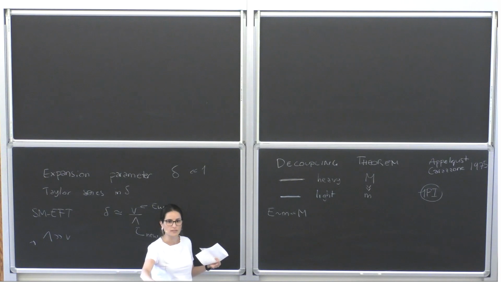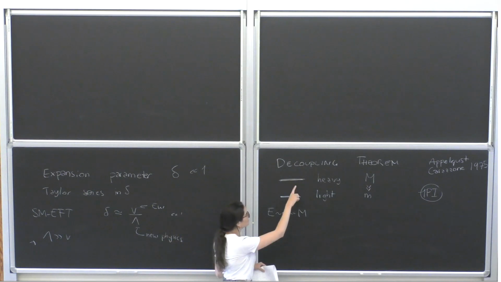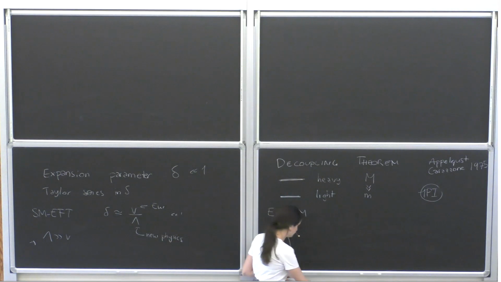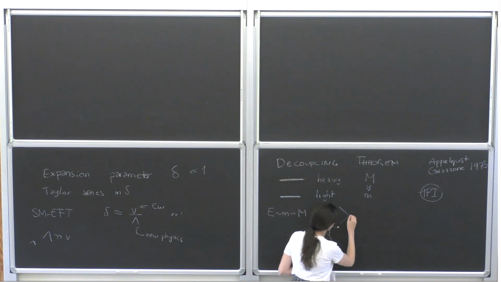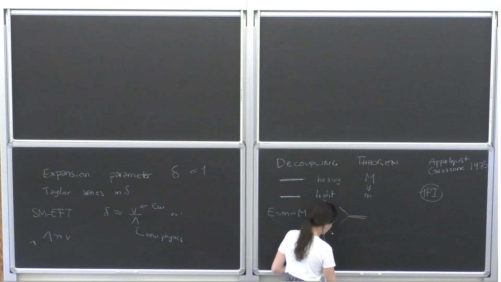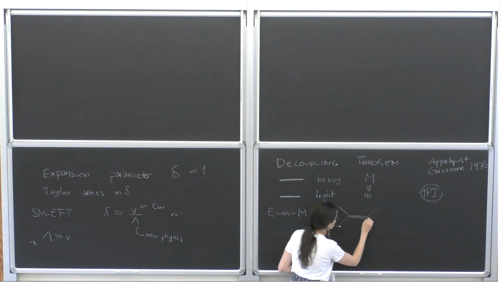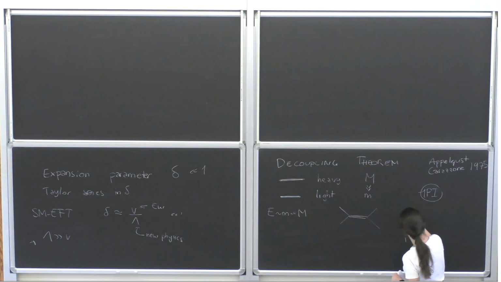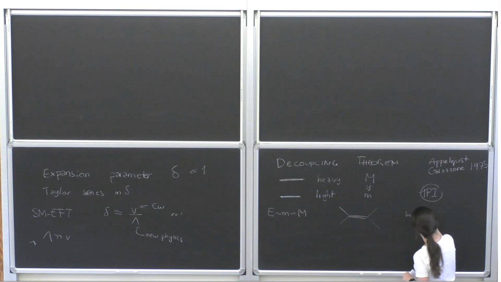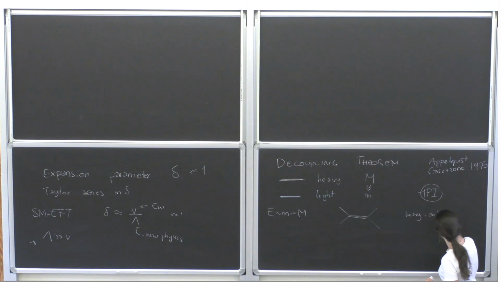It just doesn't propagate. So these particles will only contribute as internal lines of a graph. So the heavy particle is only an internal line.